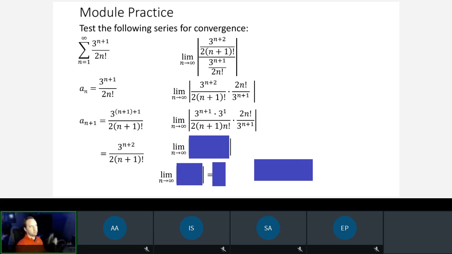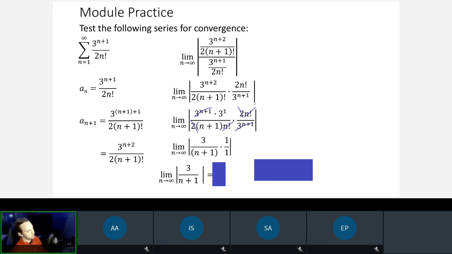Right. So let's cancel stuff out here. We've got 3 to the n plus 1 and 3 to the n plus 1. We've got 2 and 2, n factorial and n factorial. All right, we have no variables on top, and we have n to the first on the bottom.